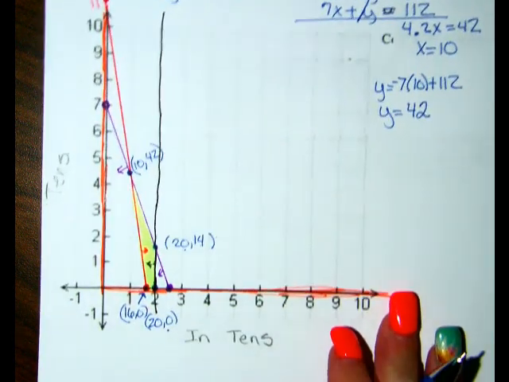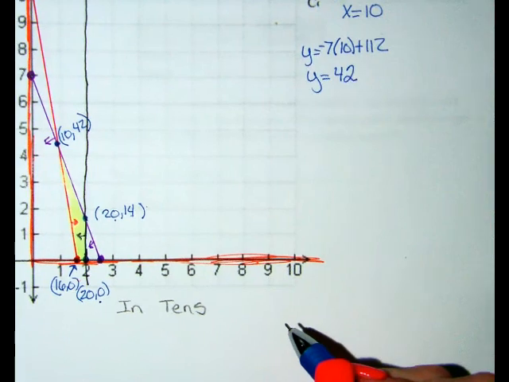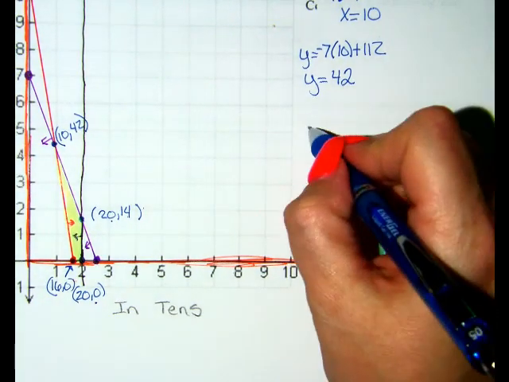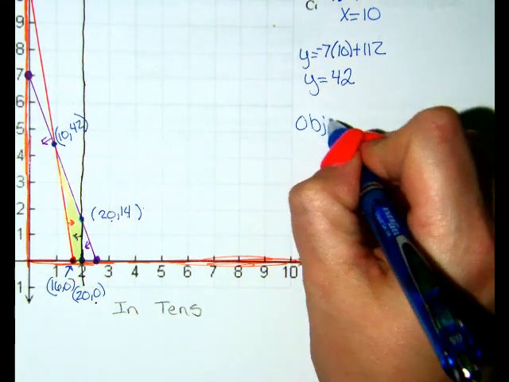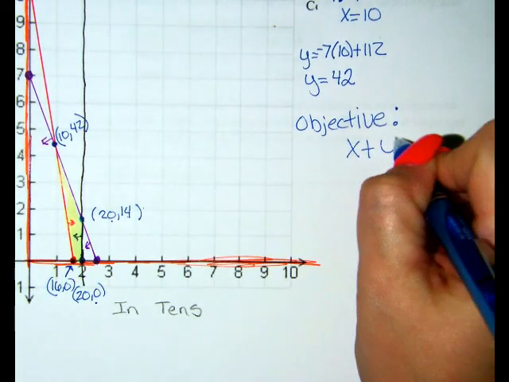Okay, so now I have all four of my vertices. So I get to now use my objective function to solve for what I need to know, to figure out how many planes I need to maximize my fleet. So now I need to take my vertices, and my objective function again was x plus y, right?